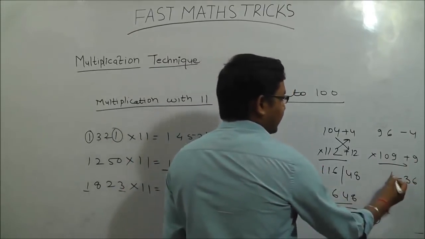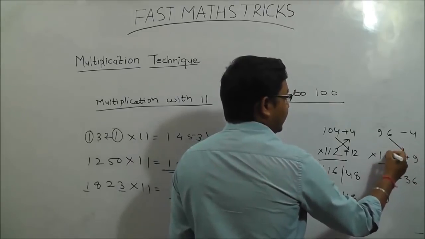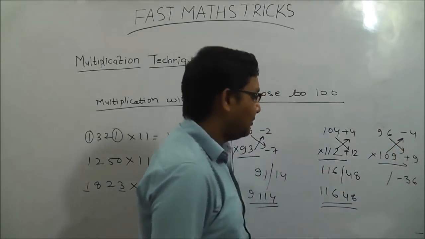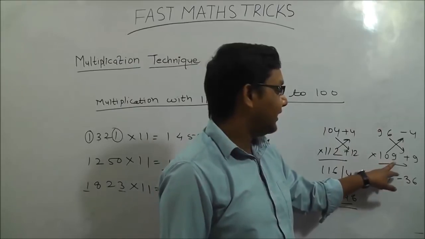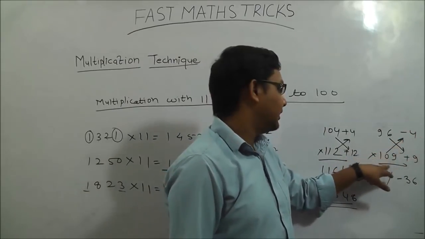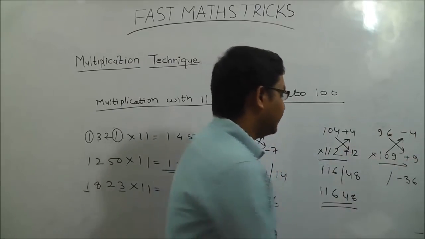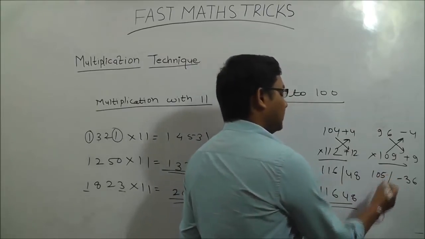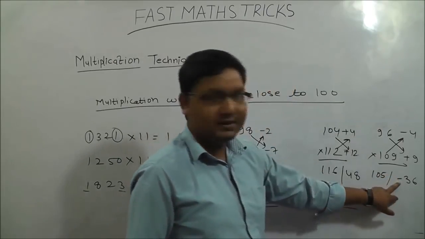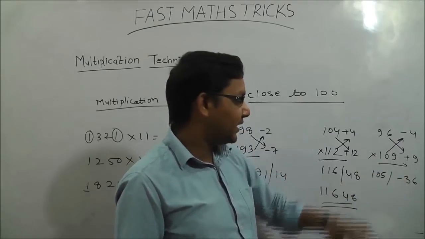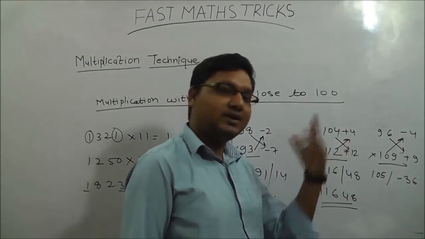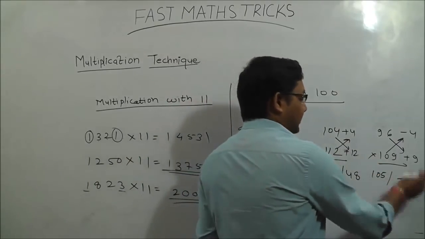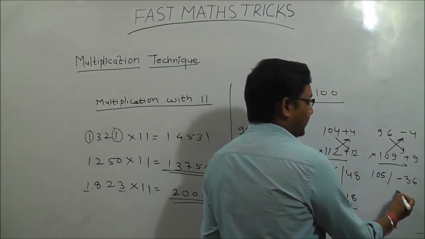And for the cross addition or cross subtraction, how much will you get? 109 minus 4 is easier. So 109 minus 4 is 105. Because there is a minus, we have to subtract 36 from 100. So subtracting 36 from 100, how much will you get?